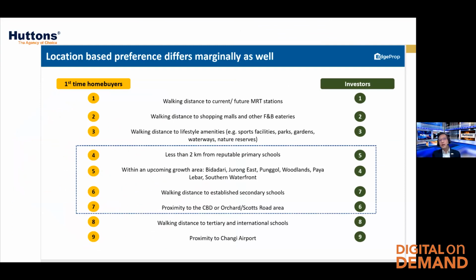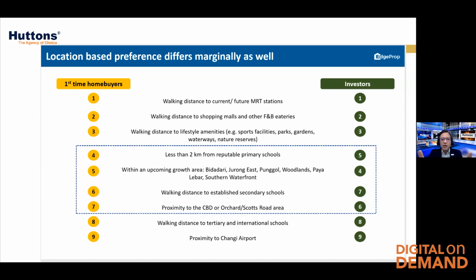Then Edge Property did a great survey last year, and they showed, based on location, some of the key factors that are really important to buyers. From the left, you can see the first-time home buyers. On the right are the investors.